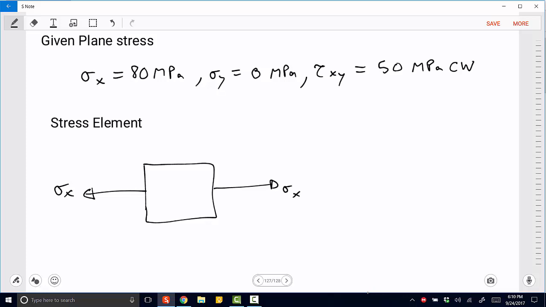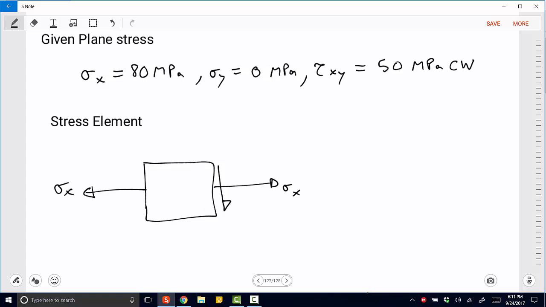Let's go ahead and draw the shear stress tau xy. The 50 megapascal clockwise means that if we look at the line normal to the positive x, and we draw a shear value, that shear value is something that's going to cause a clockwise sense of rotation of this body. And building from that, we can then build what our element will look like, what sense our element will have, right?